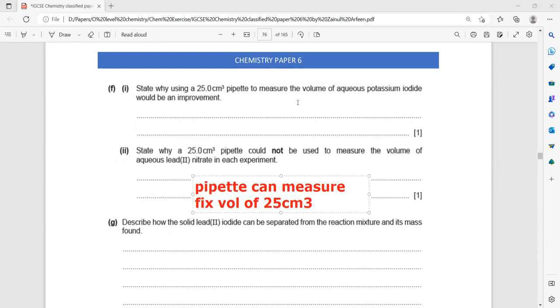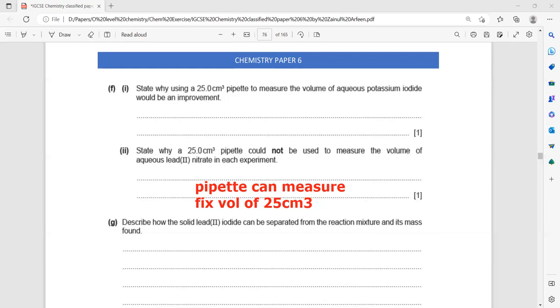Describe how solid lead iodide can be separated from a reaction mixture and its mass found. We should filter the reaction mixture, wash it with distilled water, then dry it in the folds of filter paper, and then measure the mass by electronic balance.